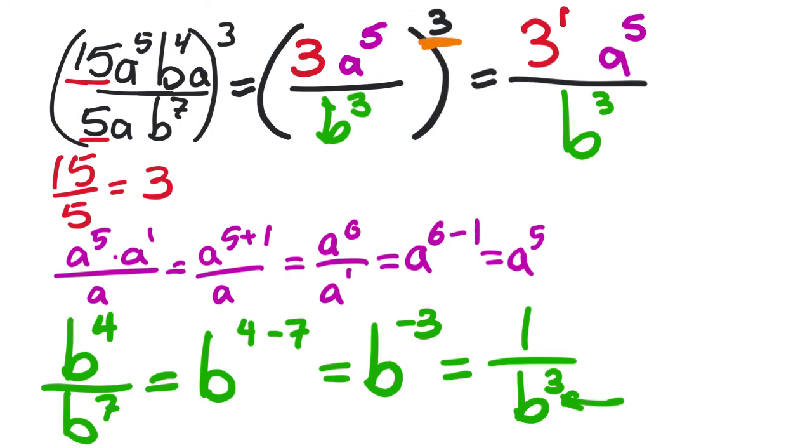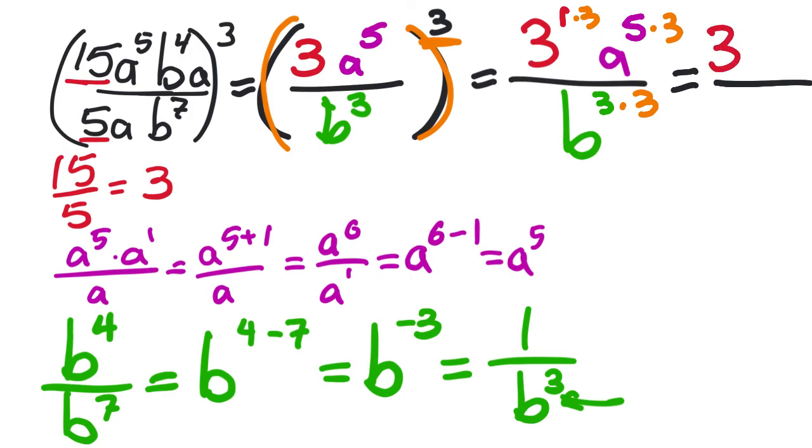But this 3 on the outside of that parentheses, since it is on the outside of parentheses, it will be multiplied by all of the exponents on the inside, like this. Okay? So then I have a new fraction, and I have 3. My bases still stay the same, 3, A, and B. 3, though, has a new exponent. 1 times 3 is 3. A has a new exponent. 5 times 3 is 15. And then B has a new exponent. 3 times 3 is 9.